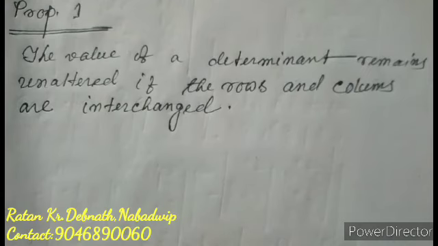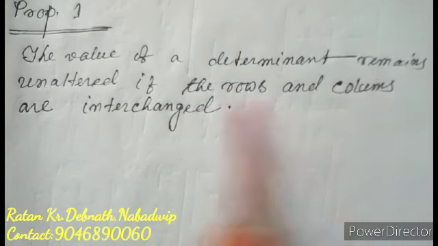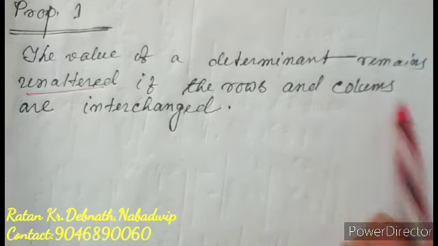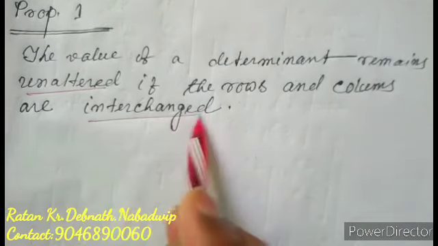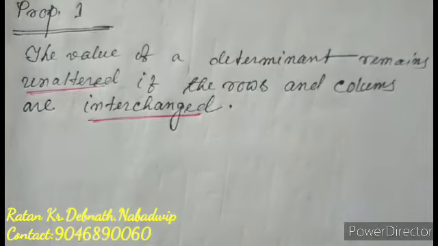Property 1 says the value of a determinant remains unaltered if the rows and columns are interchanged. What does it mean? Let me give an example for that.